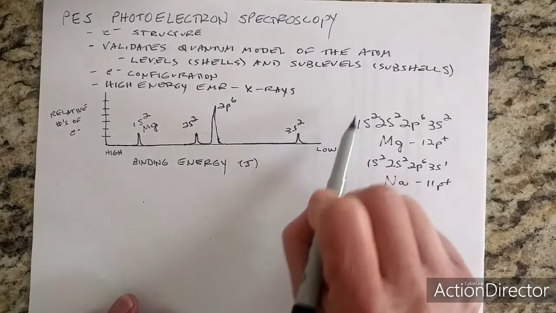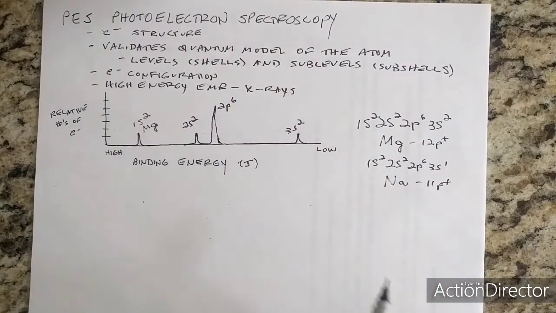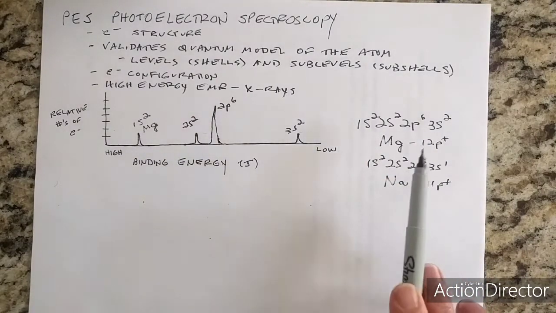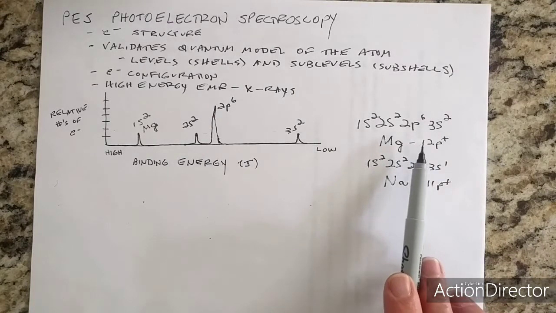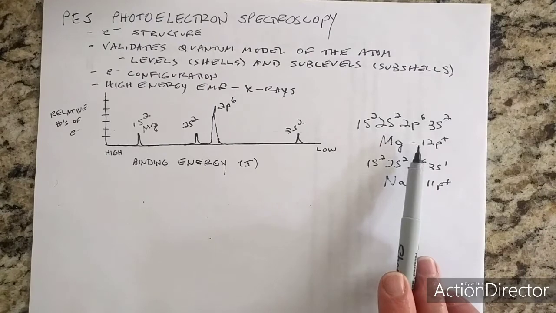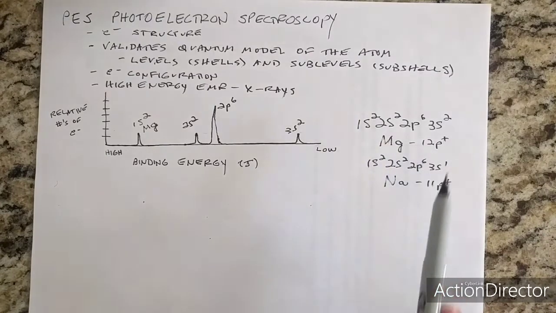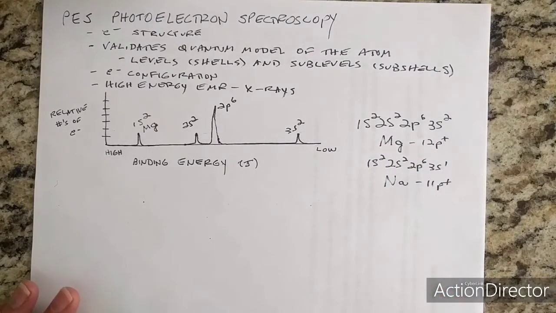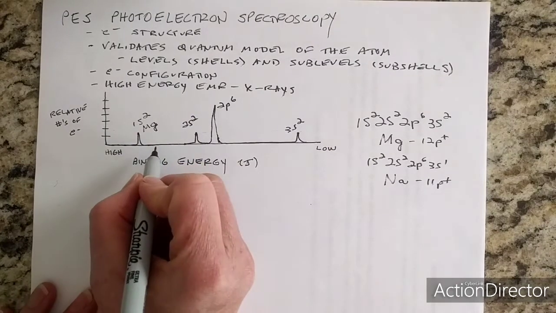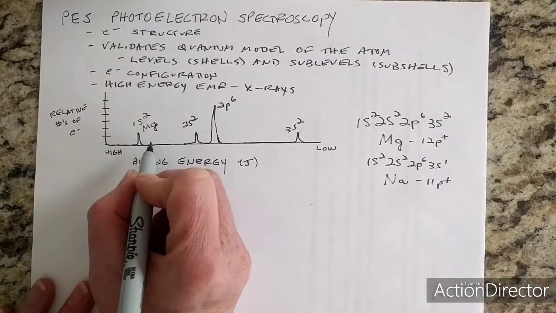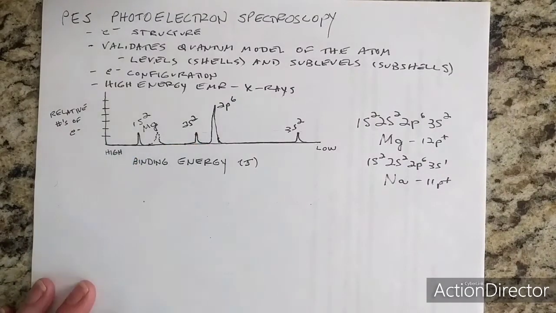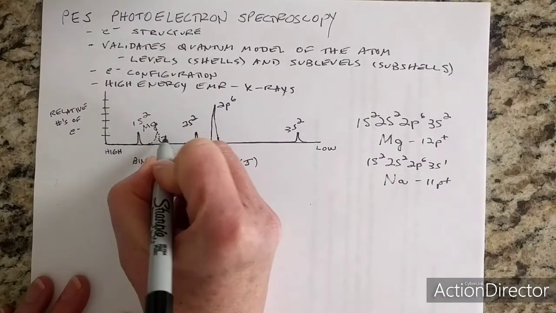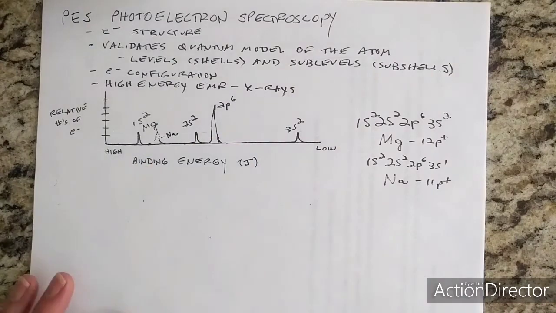So if we look at the innermost electrons for both sodium and magnesium, the higher nuclear charge exerts a greater force on the electrons, holding them in the nucleus more tightly. So sodium's 1s electrons would be to the right at a lower energy than magnesium. So I'll just draw that with a dotted line. So this is what sodium's 1s2 electrons would be.